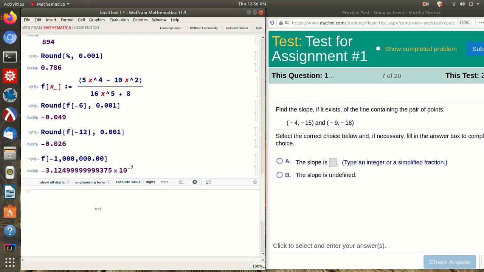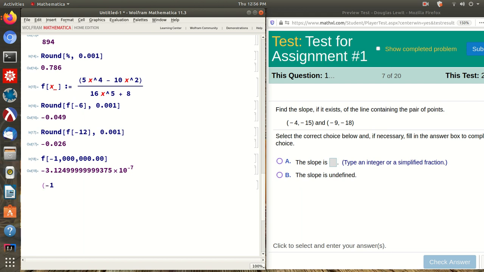So here, my slope is simply going to be negative 4 minus negative 9. Oh, sorry. The y values have to be in the numerator. My mistake.